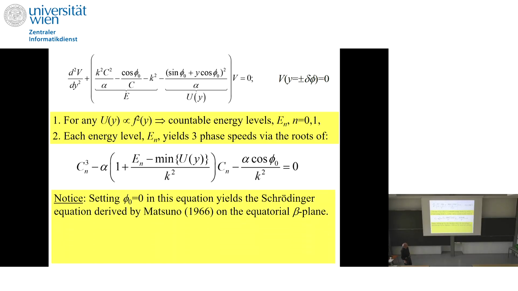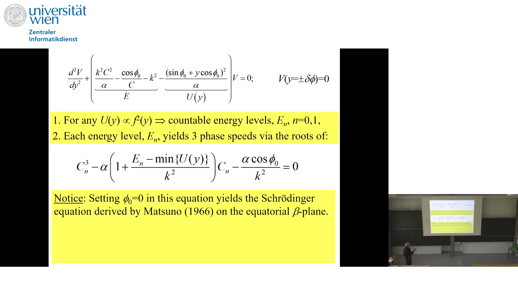Okay, but let me go back now and see where we diverge from the original work by Matsuno in 1966 on the equatorial beta plane. And what you see here now, if you set phi 0 equal to 0 in this equation, in other words, you set f0 to be 0, then this term drops out.